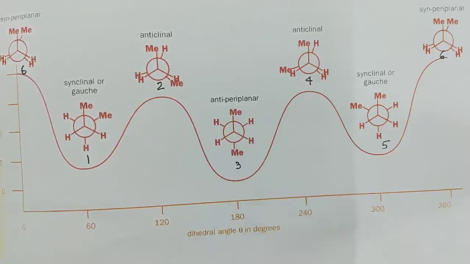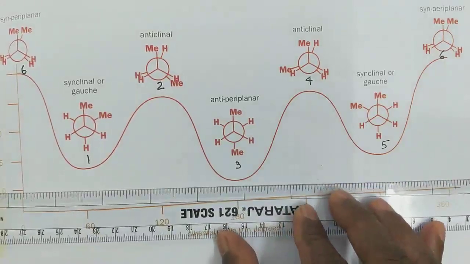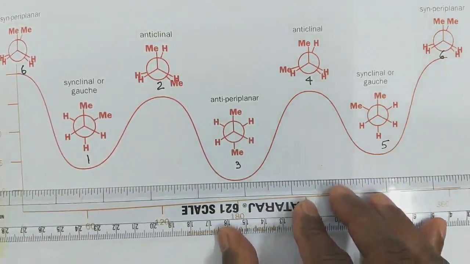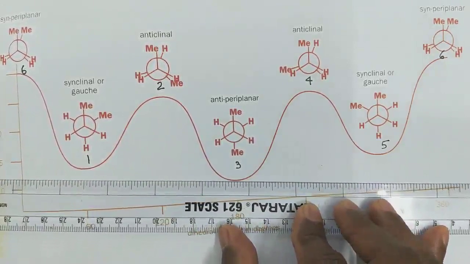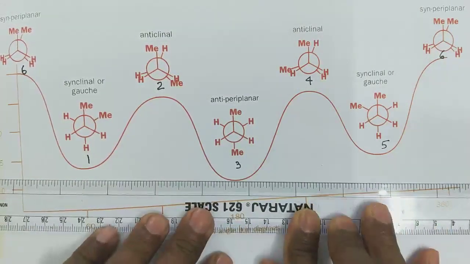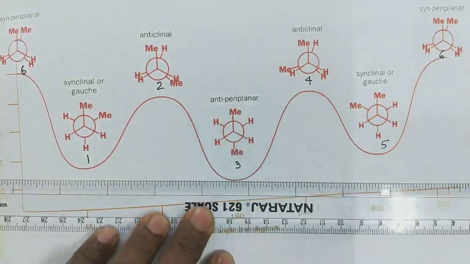So, in the relative energy, with respect to this conformer, we have taken here the lowest value. So, structure number 3 is the most stable, least energetic.